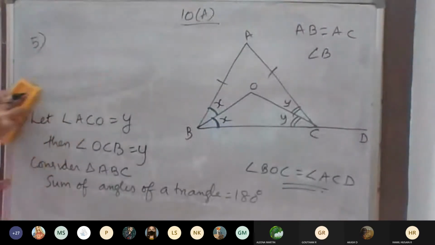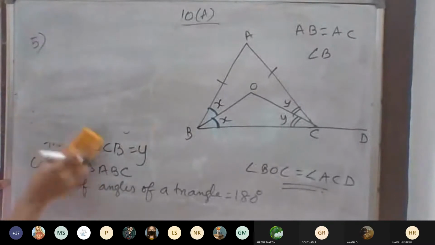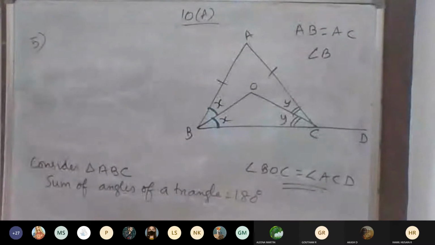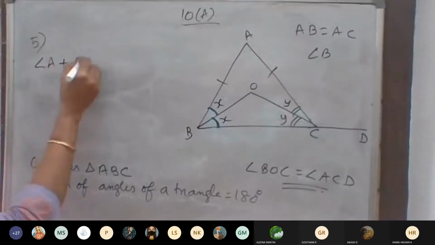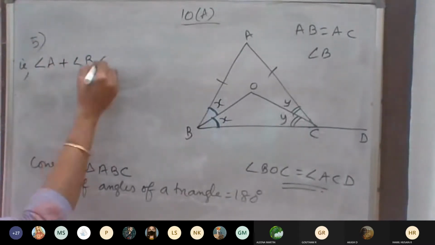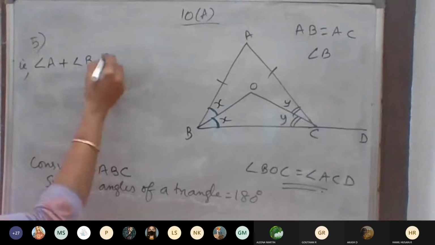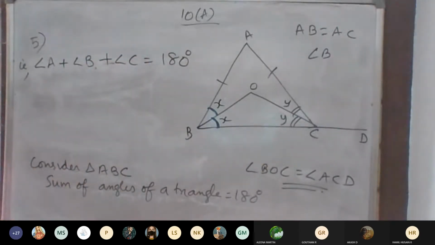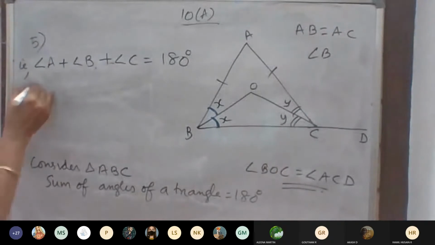That means angle A plus angle B plus angle C is equal to 180 degrees. So how can we write angle A? Tell me. Angle A as angle A itself.